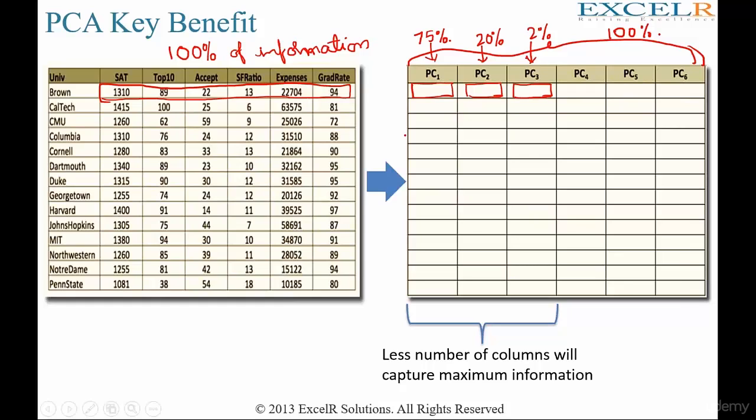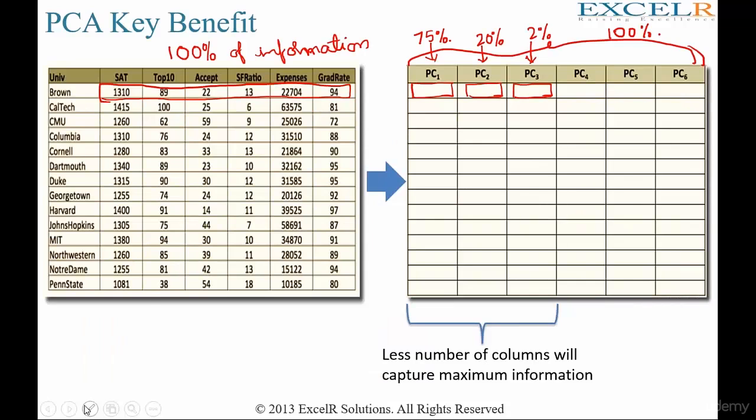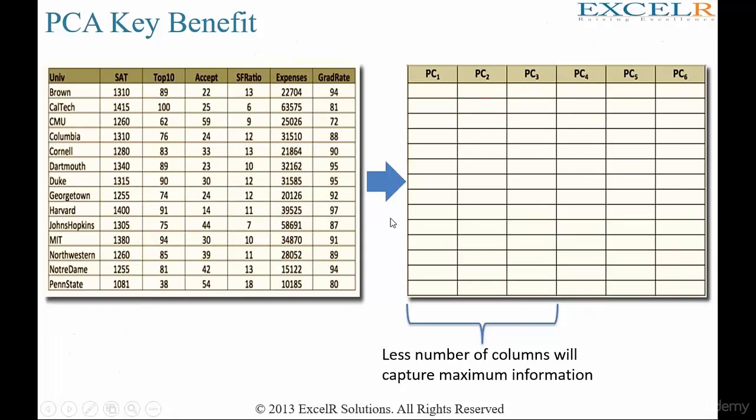Okay. The hope, logic, and understanding here is that rather than use this raw data which has 6 variables, can we use the top 2 or 3 principal components which would probably capture, say, 90% of information or 95% of information.